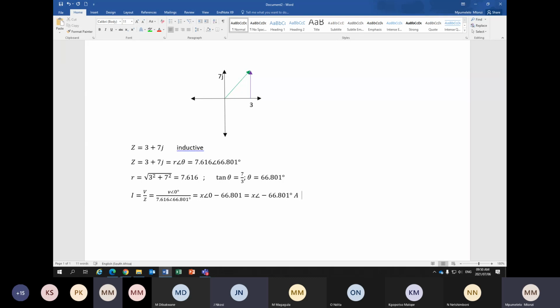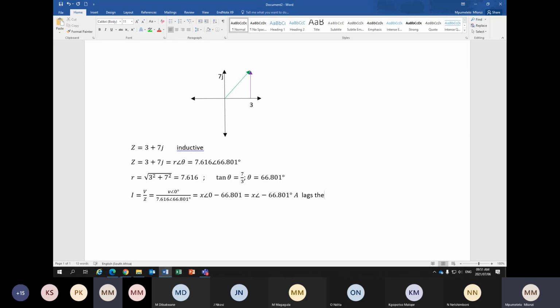All right, Mr. Nkosi, look now. You don't have 90 degrees. What we have is negative 66.801, and that of the voltage is 0.